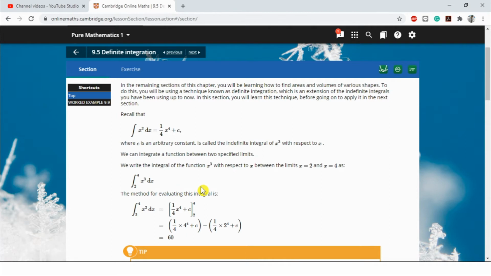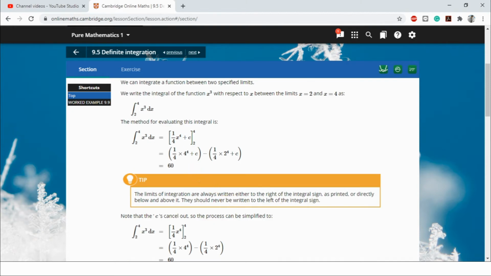So what will the value be? In indefinite integration, the value will be 1/4 x to the 4th plus c. But in definite integration with limits from 2 to 4, it will be 60. And how to calculate? Let's check this one.